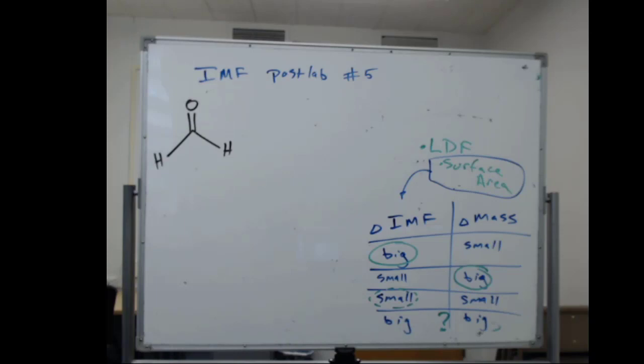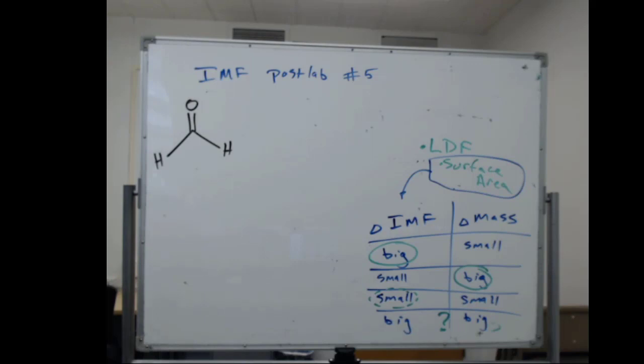Huh, it doesn't have the boiling point. Weird. We'll just go to Wikipedia. So boiling point for formaldehyde is like negative 19 degrees Celsius, right? Even though it's got a nice dipole moment, it boils low because it's got this low mass.